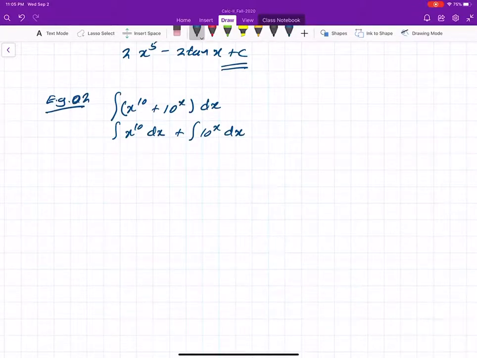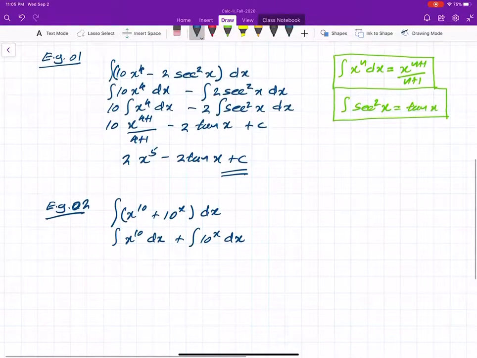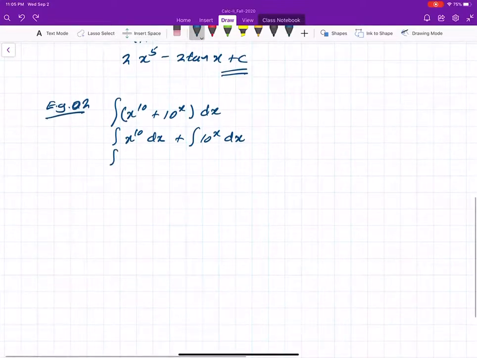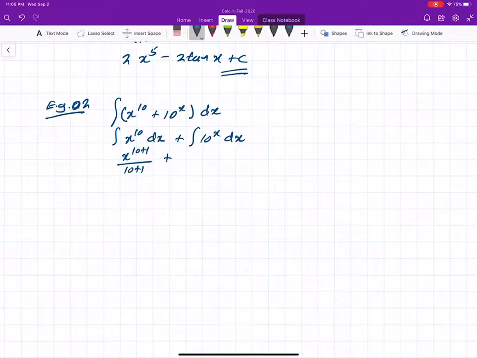Here you have x to the power 10. For that you could use the power law for integration. Here n is 10, so you write x to the power 10 plus 1 over 10 plus 1. But for 10 to the power x, I don't know whether you know how to integrate that.